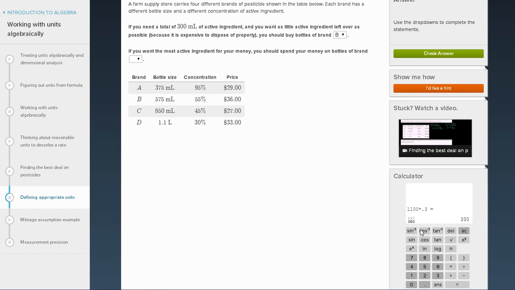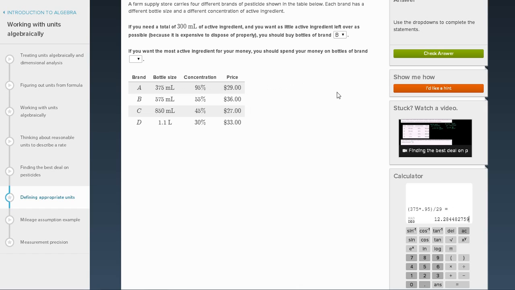Open parentheses, 375 times 0.95, close the parentheses. That's how much quantity I'm going to get, and divide it by $29. So let's hit equals, and I get 12.28 milliliters per dollar for A.